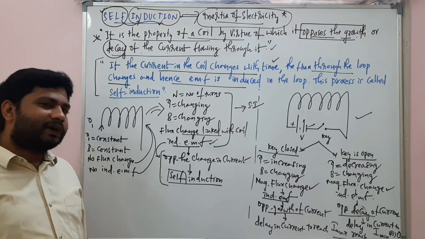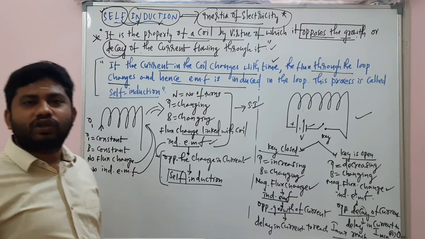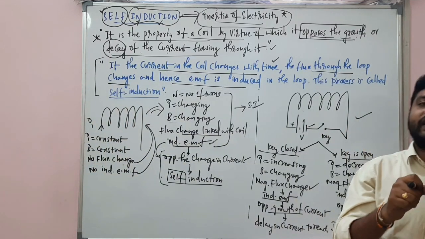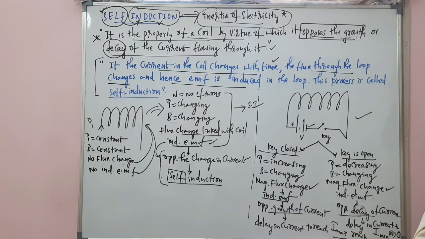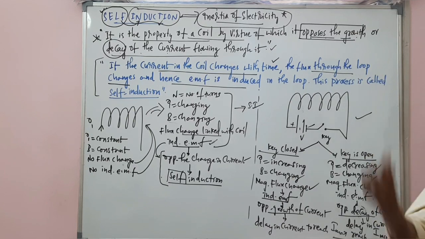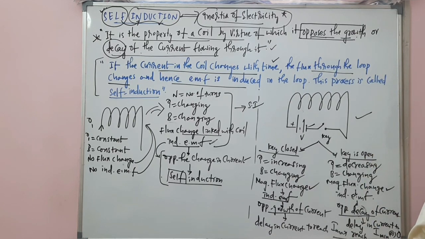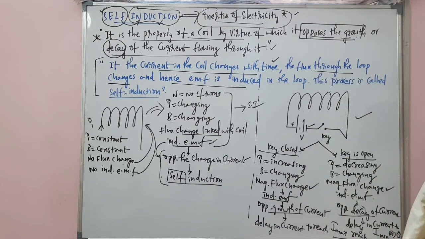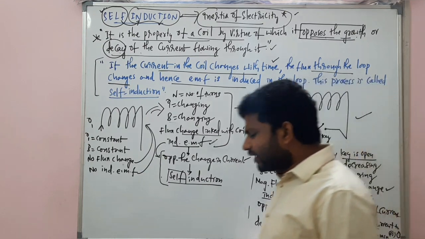If there were no self-induction, it would directly reach the maximum value, and it would directly reach its minimum value. No support is required here. That's called inertia of electricity. Electricity is unable to do something because of self-induction. Self-induction is a phenomenon also called inertia of electricity. Alright? Clear? Now, look at here, my dear students.